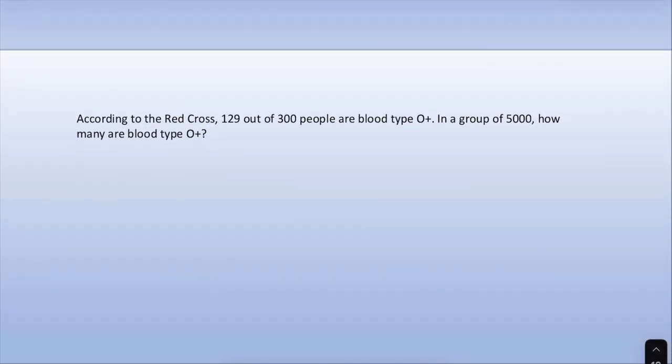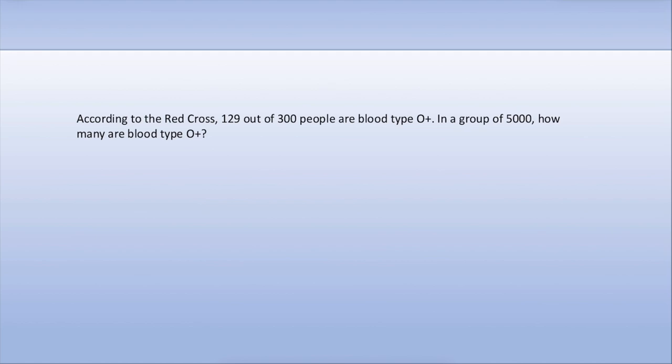Let's look at this. It says, according to the Red Cross, 129 out of 300 people are blood type O positive. I happen to be O positive. Very interesting statistic there. In a group of 5,000 people, how many are blood type O positive? So here's a proportion.